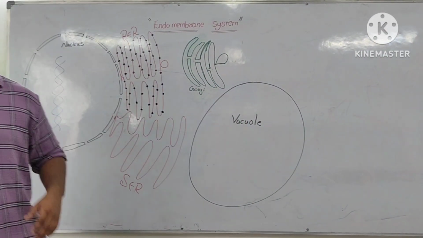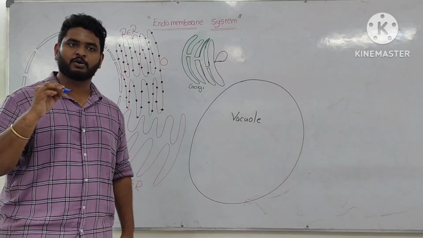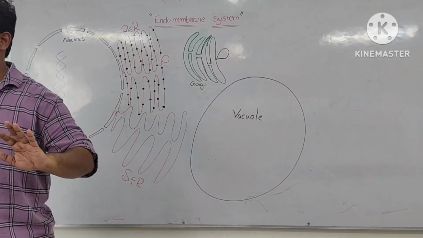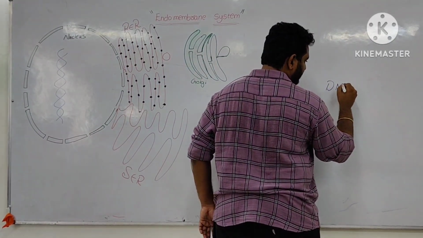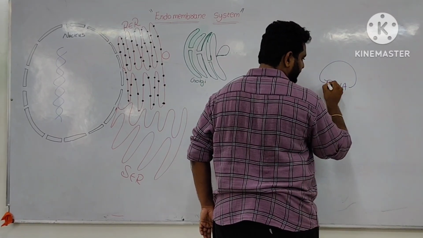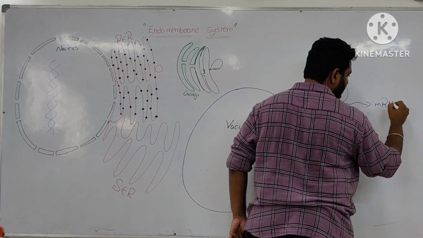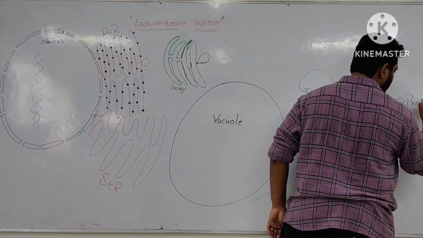First, in molecular biology, we know the concept of the central dogma. Let me explain this entire concept to you with reference to the central dogma. We know about 3 processes. The DNA can replicate and can produce mRNA as well as proteins.